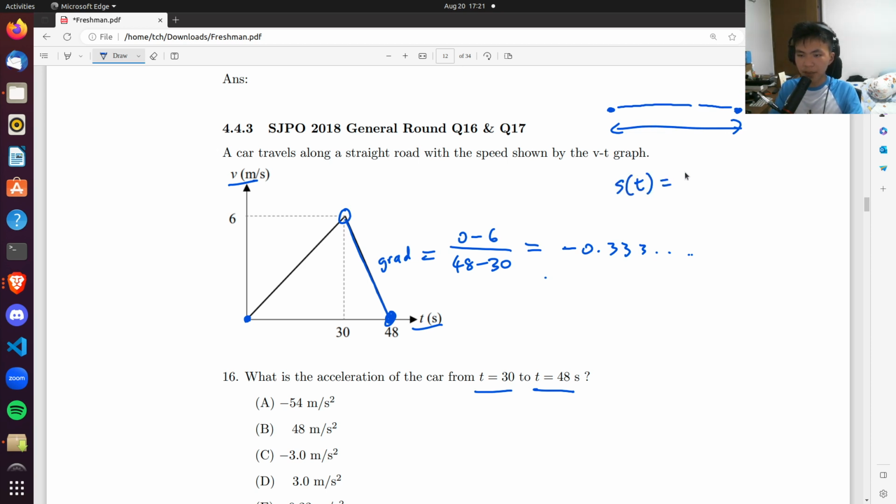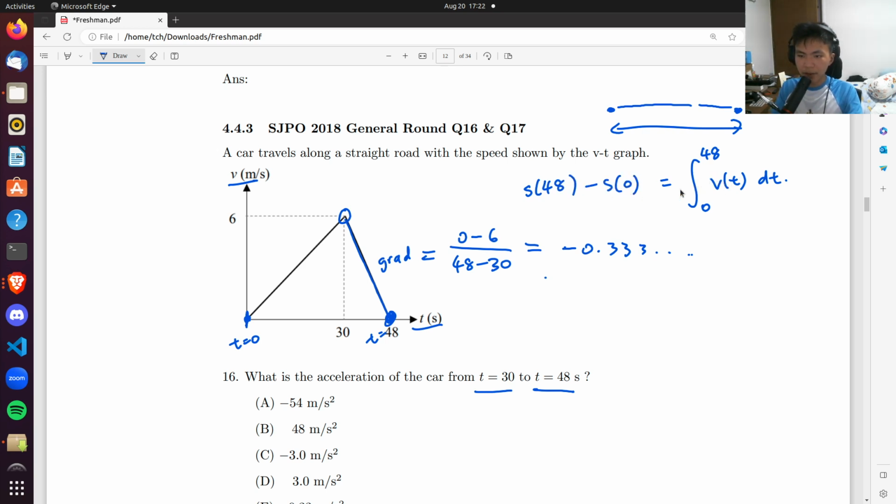It is just the integral of the velocity with respect to time, right? And if we want to find the displacement, then we need to plug in the two endpoints. In this case, it'd be from t equals 0 to t equals 48. So we're going to find the displacement: s of 48 minus s of 0 is just the integral here.